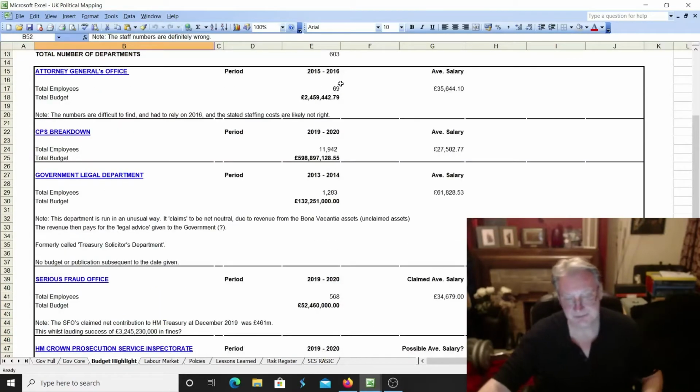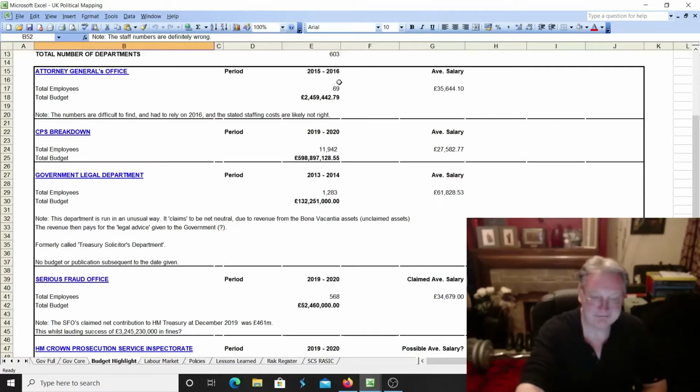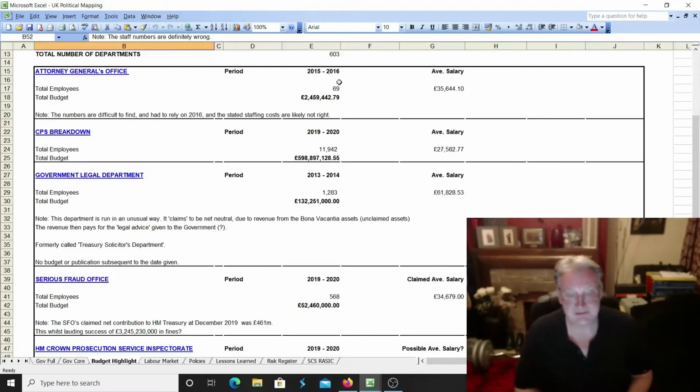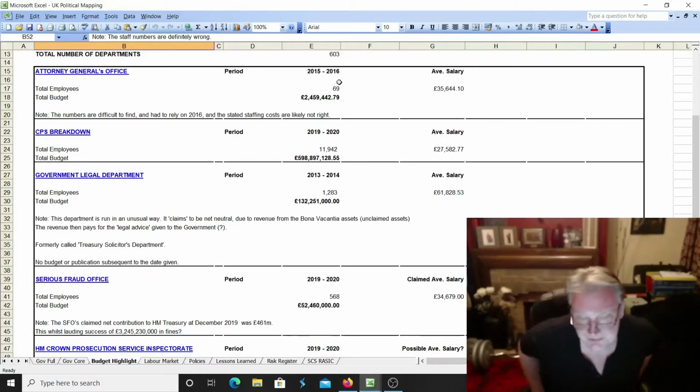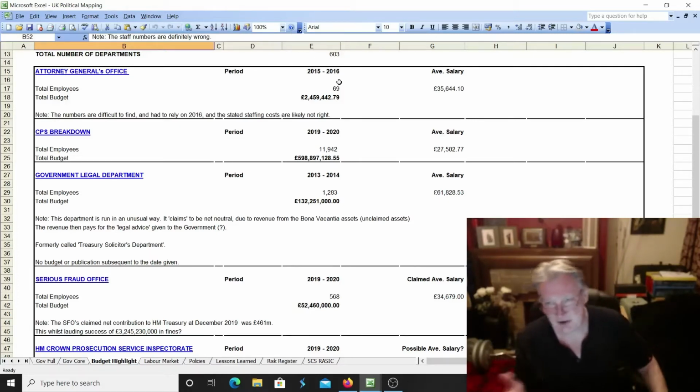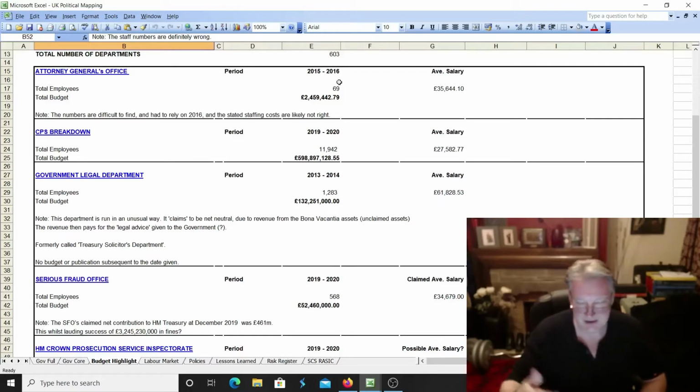So you have, like I say, within the Attorney General's office itself, the earliest data I could come across was 2015, 2016. The number of employees is most definitely going to be wrong. I dare say the budget itself would be wrong. One of the key indicators to let us know roughly if we're in the right ballpark is going to be things like the average salary.